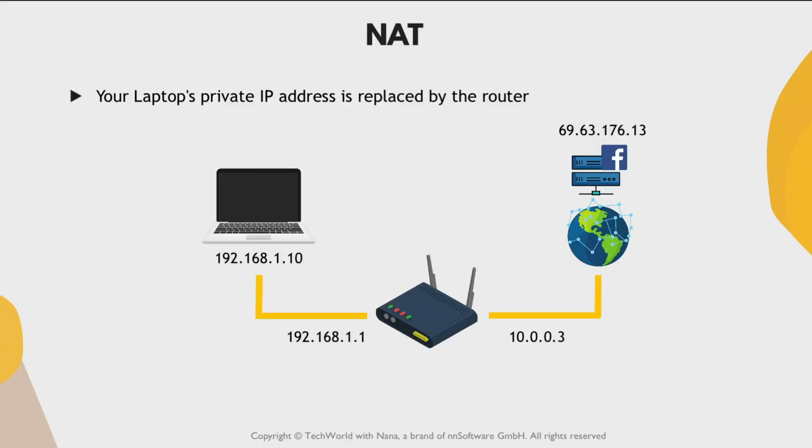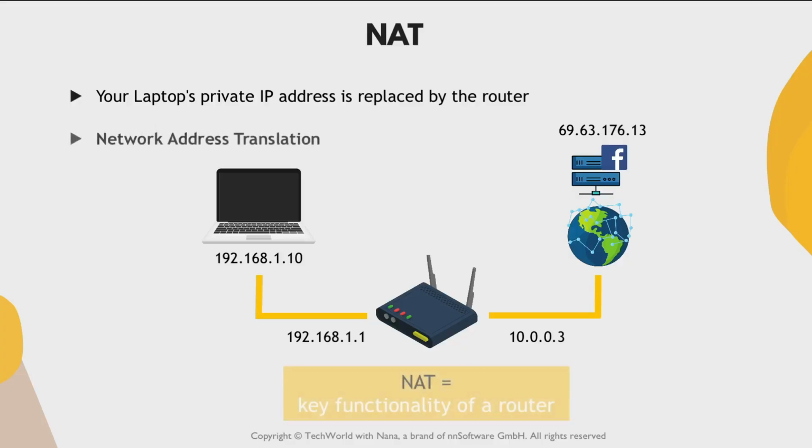And this functionality of the router is called network address translation, or NAT. So basically, when a laptop sends a request, it goes to the router, because the router is the connection to the outside network, right, to the internet. And the router will then request that on the device's behalf from the internet, and the response will then be sent back to the device.